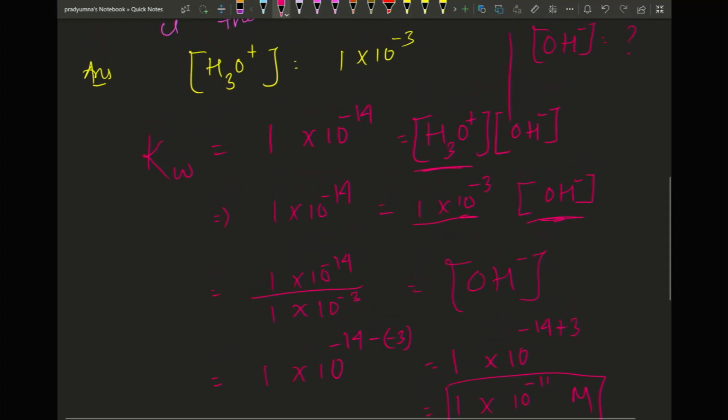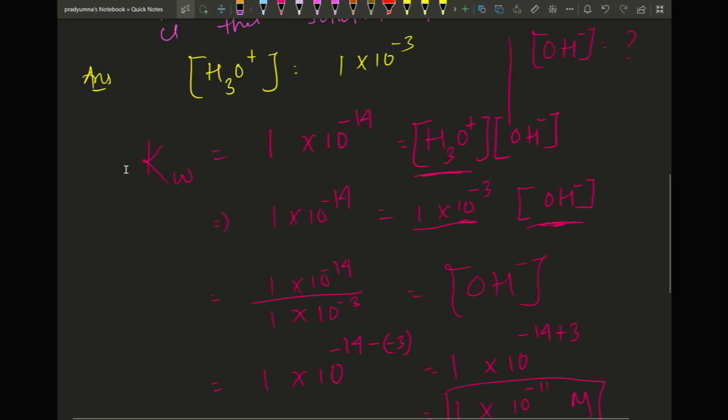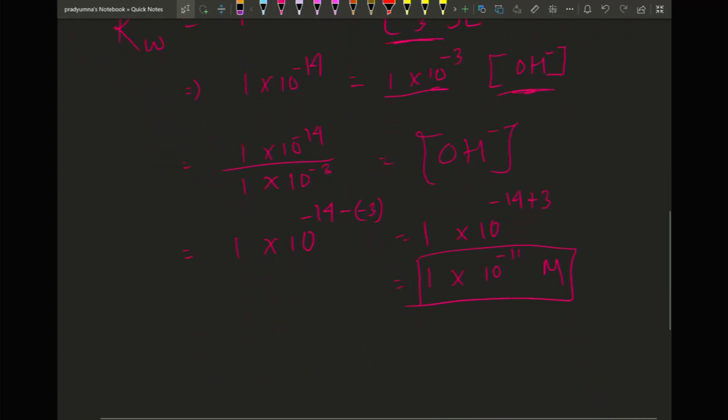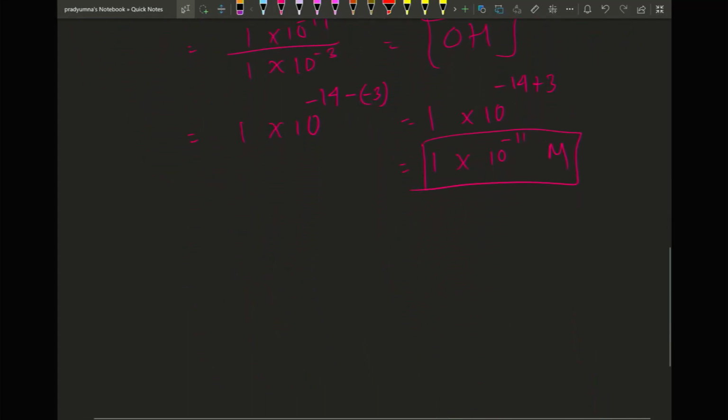So always know that the dissociation constant for water is always going to be 10 to the power negative 14. The product of H3O plus and OH minus should be 10 to the power negative 14. So now we know that, let me rewrite the whole thing again. The water is dissociated into H3O plus and OH minus.